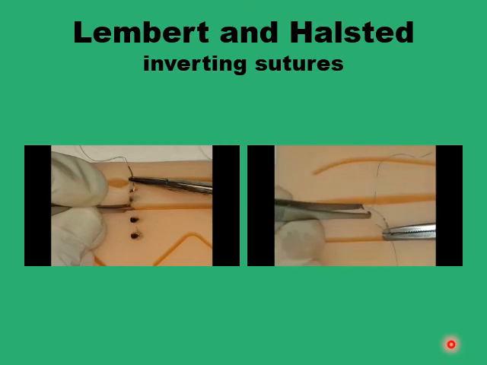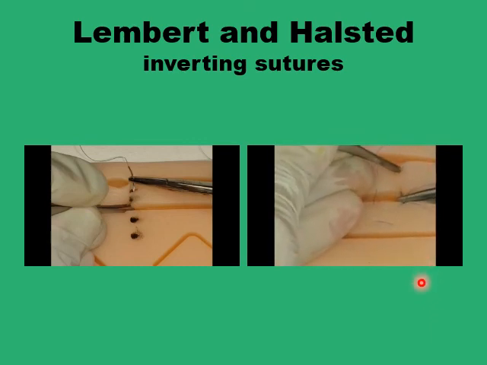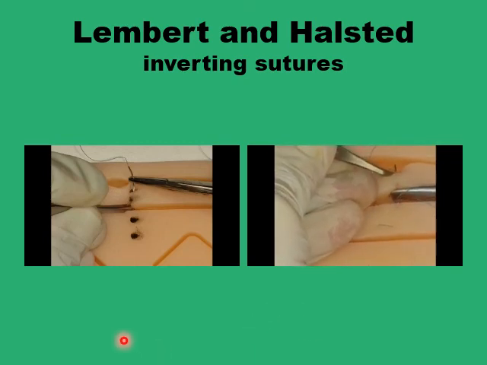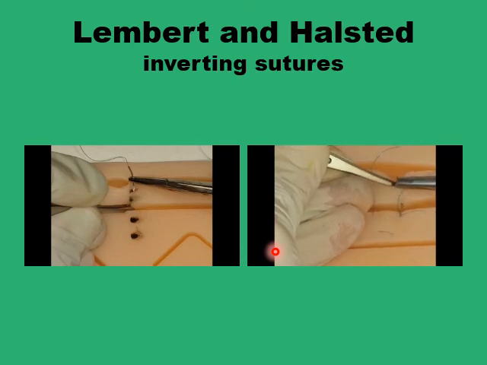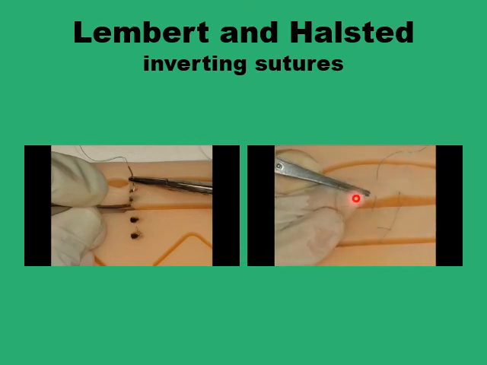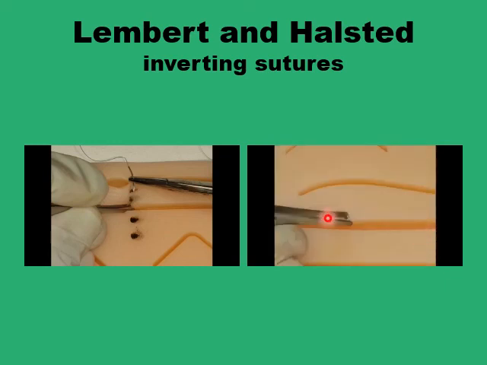Again, this time in the opposite direction, far to near, and then near to far, and once you have the two ends of the strands on one side now, one from each of the Lembert's part of the suture, and when you tighten this, the whole wound is going to invert and the tension will be dispersed better. That's a bit of an inversion here.